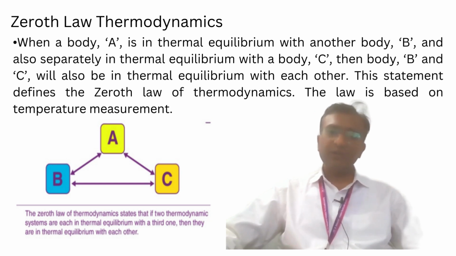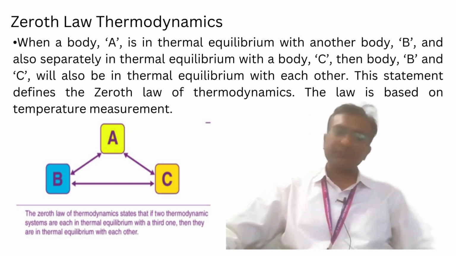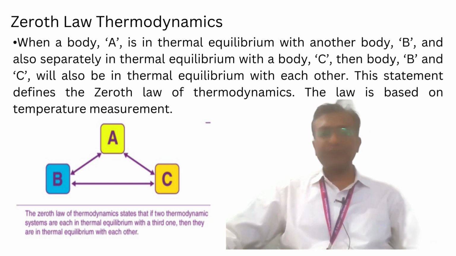Without the zeroth law, we would lack this fundamental basis for comparing temperatures. We wouldn't be able to establish a universal temperature scale, making the analysis of thermodynamic systems incredibly complex and frankly unreliable.